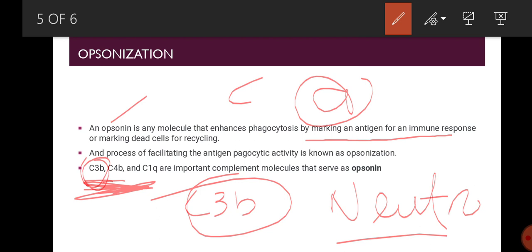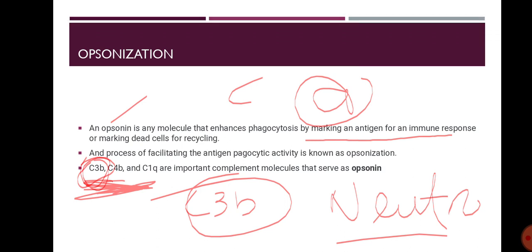Most importantly, C3b will bind to the B cells and cause their stimulation or activation, and B cells in result will produce the antibodies. So opsonin is a compound which will enhance phagocytosis by marking an antigen for an immune response, or marking dead cells for recycling.